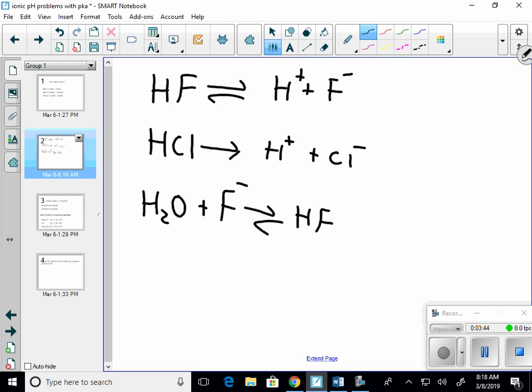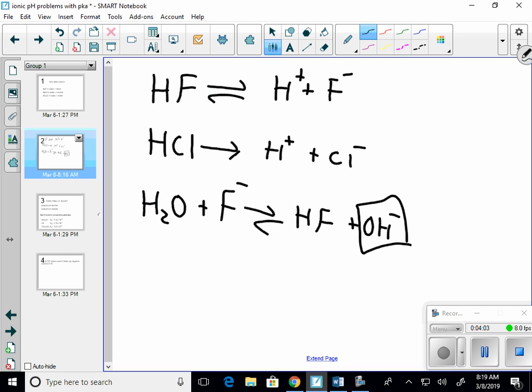And if it takes a hydrogen from water, it now made hydroxide, making it basic. Because the hydroxide in solution is what makes it basic.